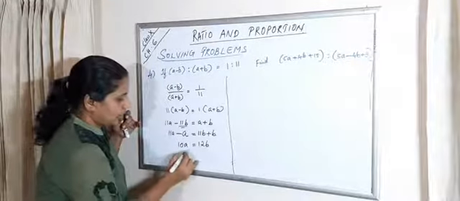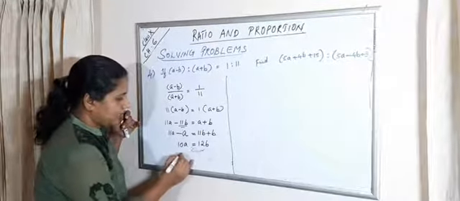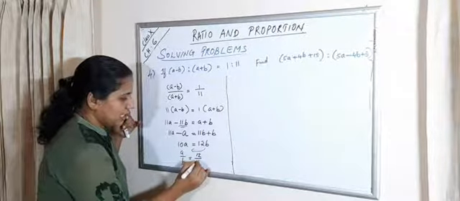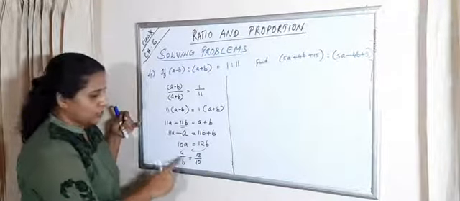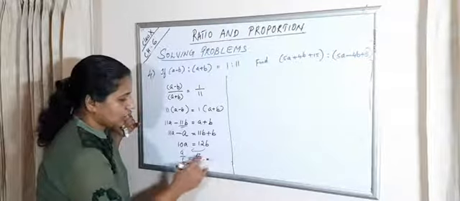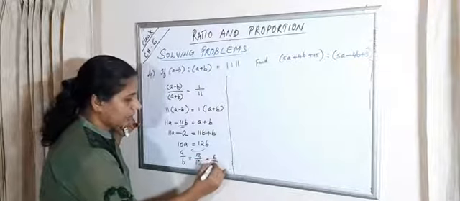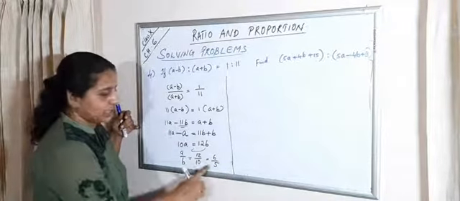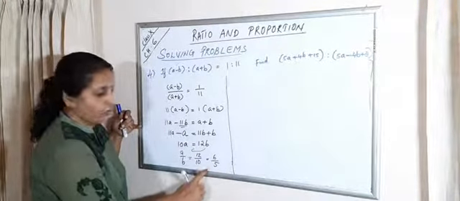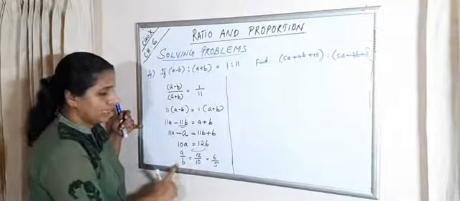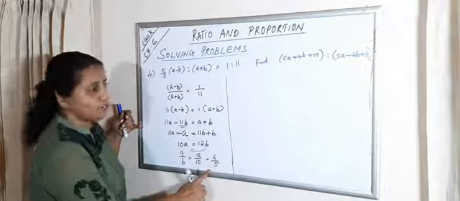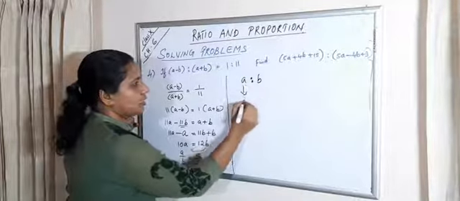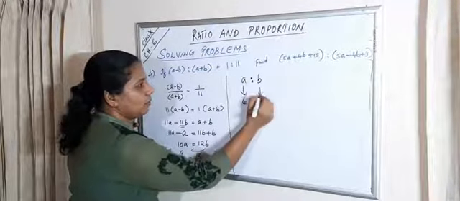Now I am taking this b here, that is a by b equal to 12 by 10. A by b equal to 12 by 10, that is equal to 6 by 5, dividing both numerator and denominator by 2. It is the lowest term, that is a is to b equal to 6 is to 5. Now, a is to b, you got 6 is to 5.